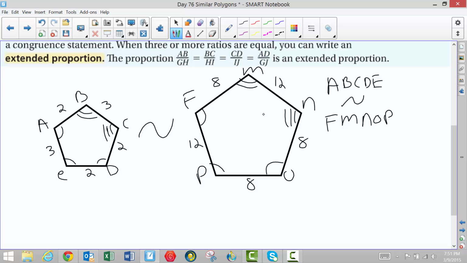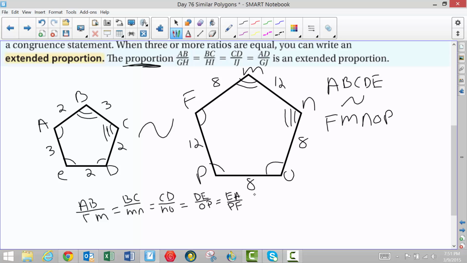My angles are corresponding congruent, and now I have to show that the proportions between the sides, in other words, the side ratios, all have to be the same. So I have to show that AB divided by FM is the same as BC over MN, CD over NO, DE over OP, then EA over PF.